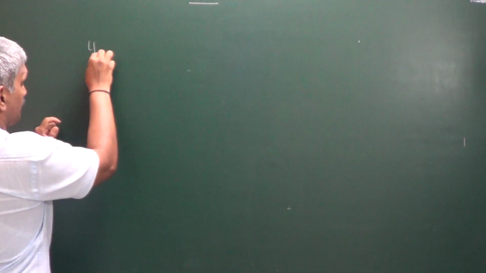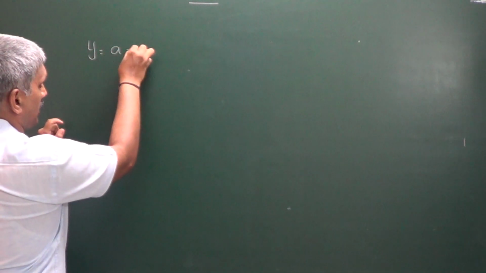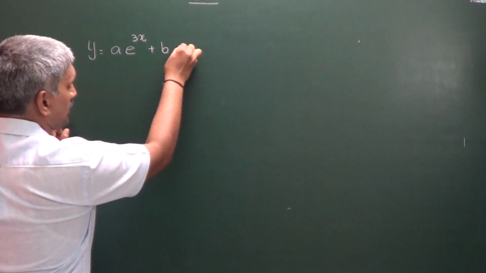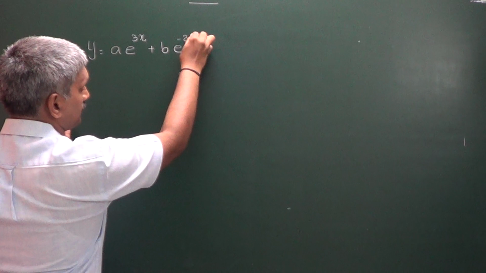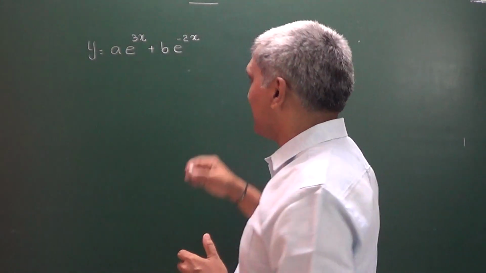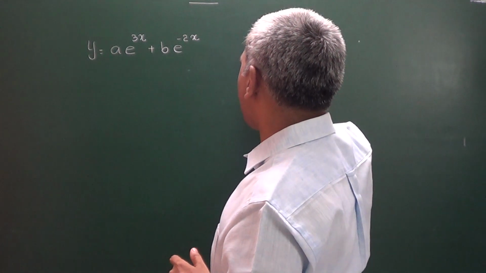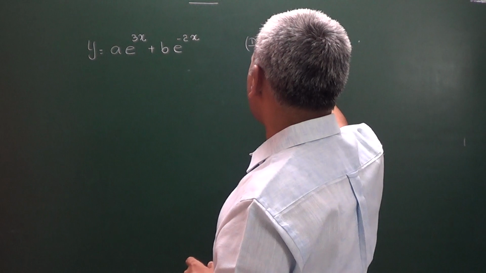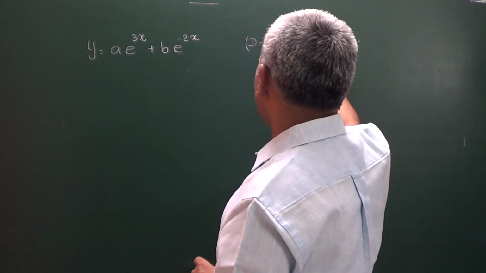This is the first question. y = a e^(3x) + b e^(-2x). What is the differential equation for this? We can write it easily: (D - 3)(D + 2) = 0.